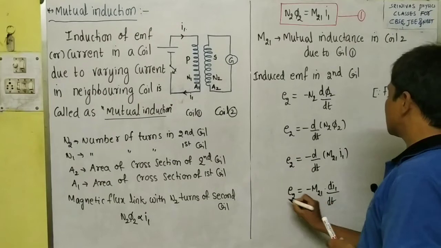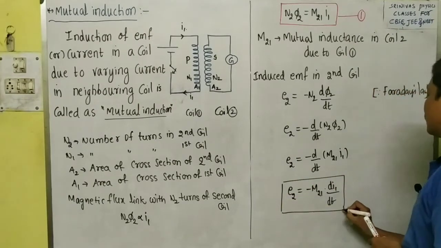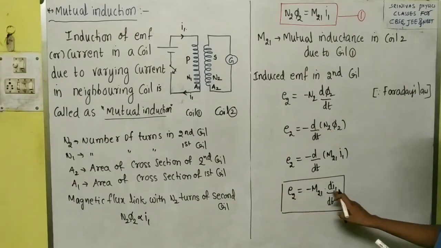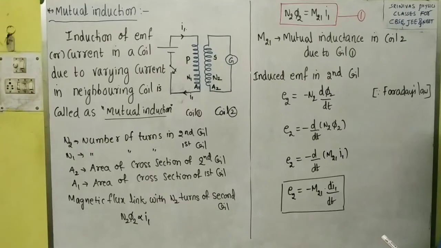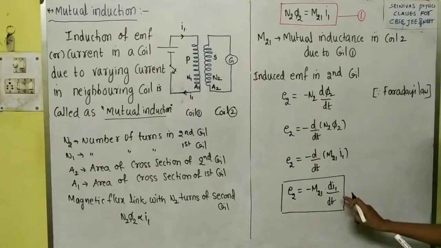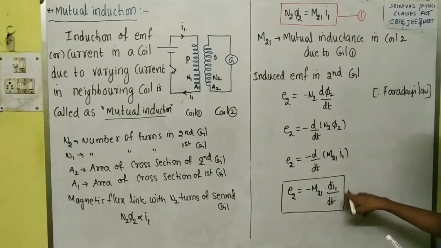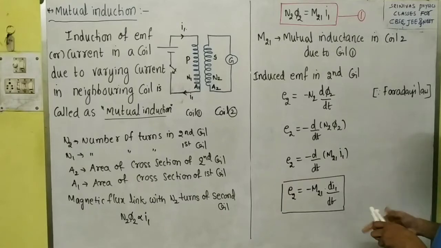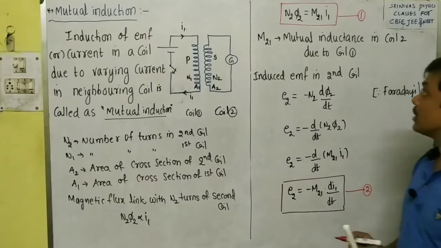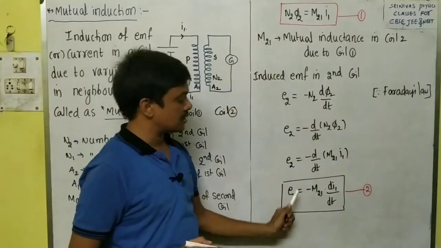That means the induced EMF in the second coil, E2, depends upon the rate of change of current in the first coil, dI1 by dt. I1 is the current in the first coil and I2 is the current in the second coil. We take this as equation 2. To define mutual inductance, we can use either equation 1 or equation 2.